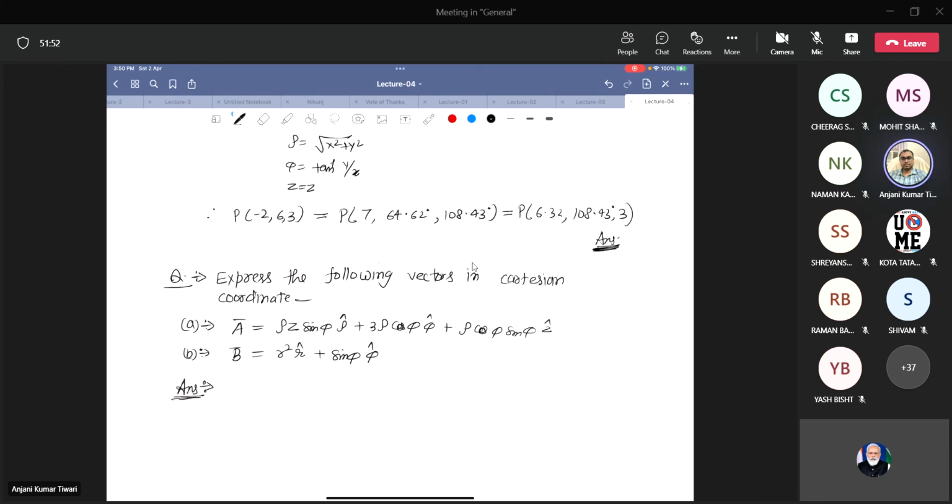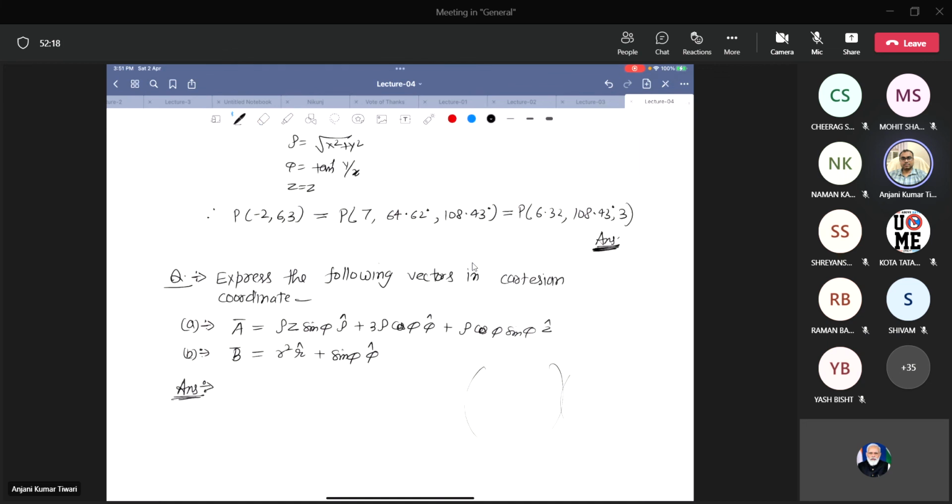All of you know now how we do that. You have this rho, phi, z, and there will be a matrix relating them to x, y, z. Sorry, I have to do the inverse of that, because this time rho, phi and z are given.